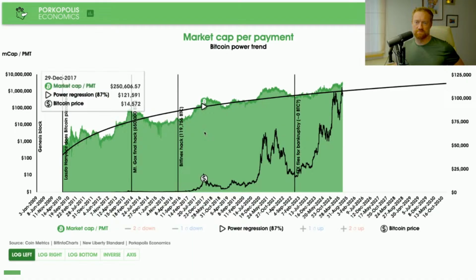Okay, so again, just to try to be less noisy and talk about market or network growth, let's go to just a random rough day. Okay, so from the December 2017 top, the end of the year 2017, the regression is 121,000. Let's look at when the regression doubles. Not the price itself, not the market cap per payment itself, but the 121,000 market cap per payment.